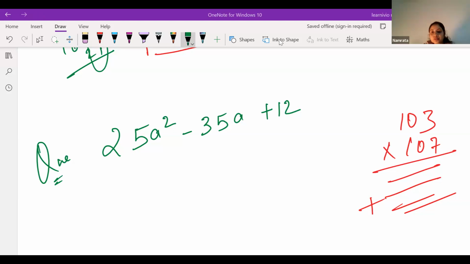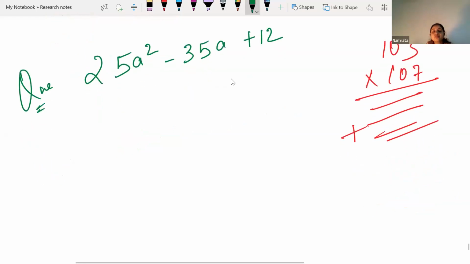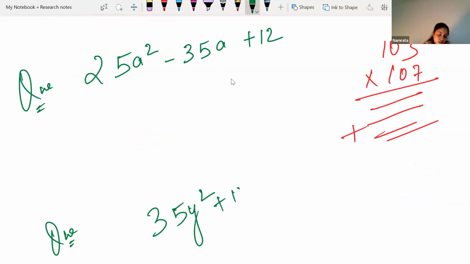How to do this one? 25a square minus 35a plus 12. And the next one is 35y square plus 13y minus 12. Anyone from here?